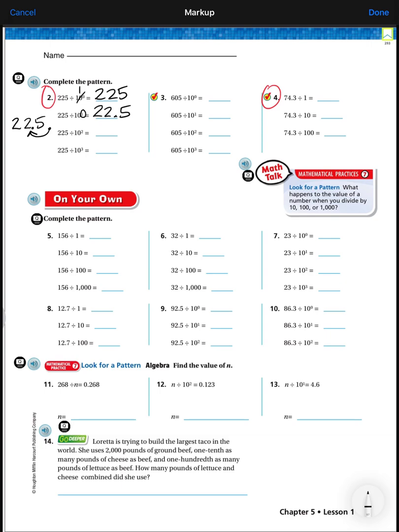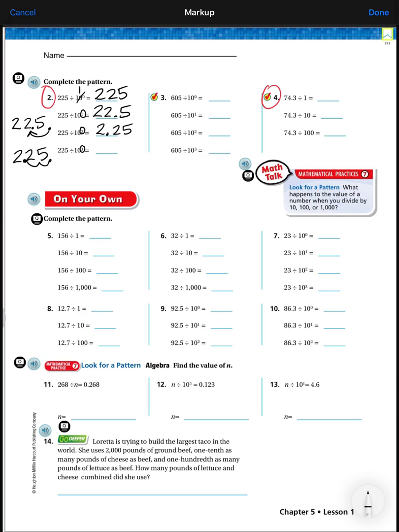Okay. Let's look at the next one. We have 225 divided by 10 to the 2nd power. Okay, 2nd power. That little number 2 determines how many positions I need to move it to the left. So I have 225, my decimal point's at the caboose, and I move it 1, 2, 2.25.